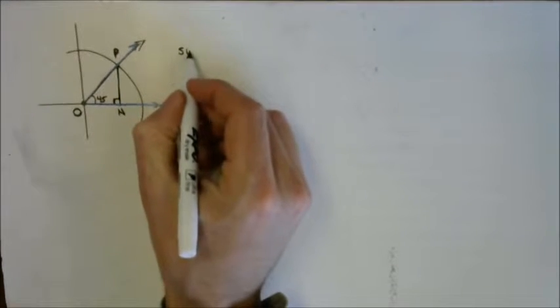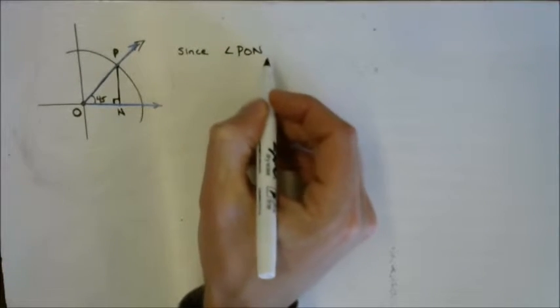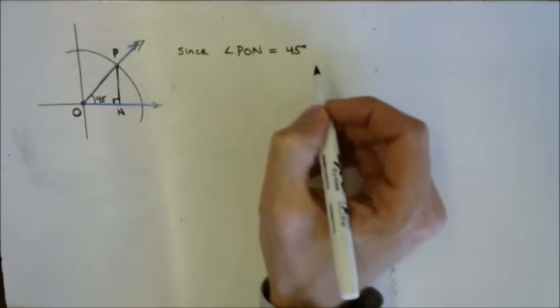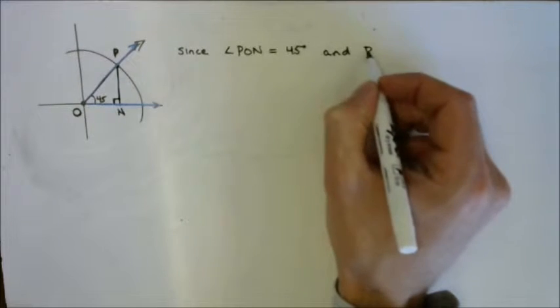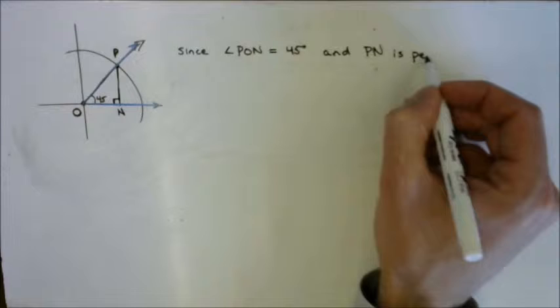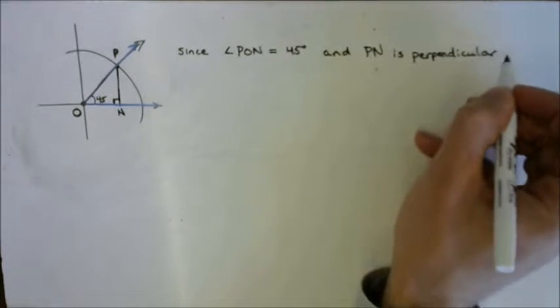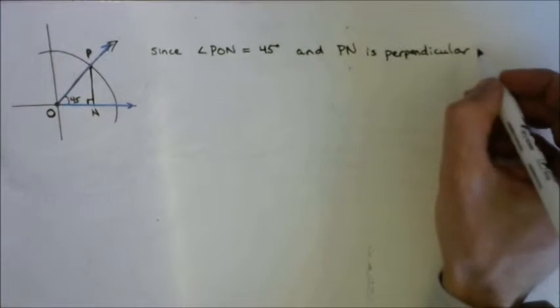Since angle PON equals 45 degrees, and PN is perpendicular, see if I can fit this all on one line, to OA.